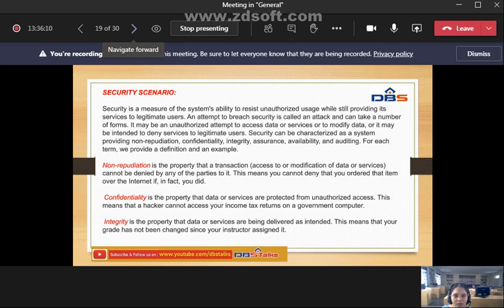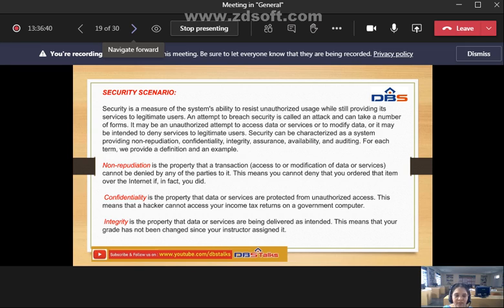Security can be characterized as a system providing non-repudiation, confidentiality, integrity, assurance, availability and auditing. Security means providing services for legitimate or authorized users, and not only that, the system has some characteristics.